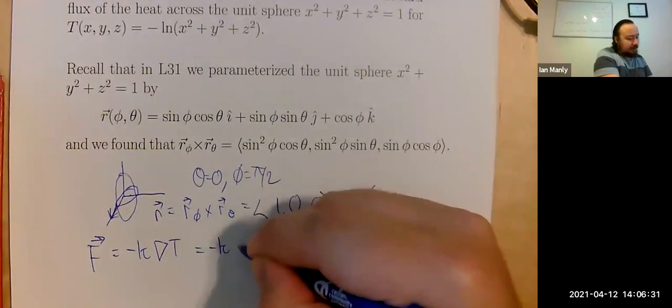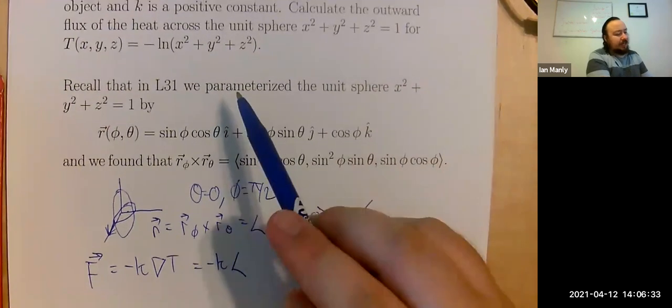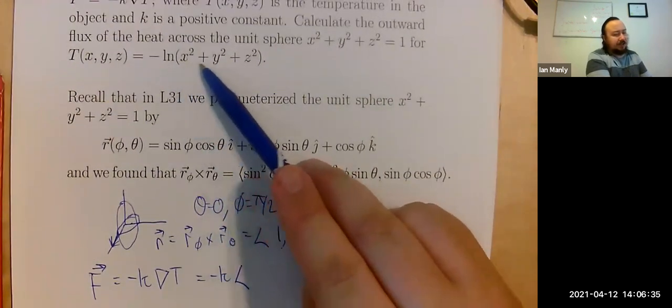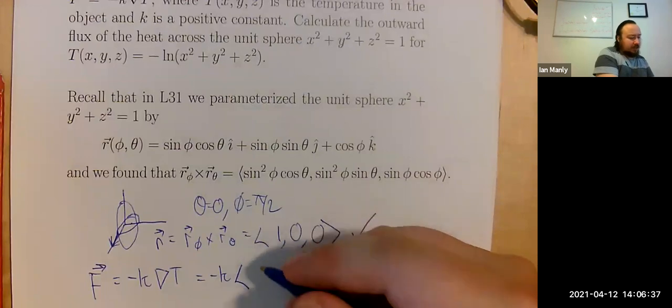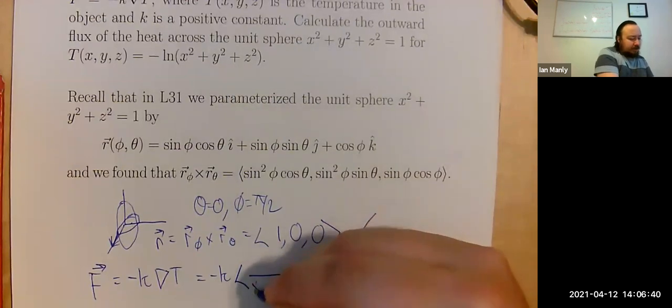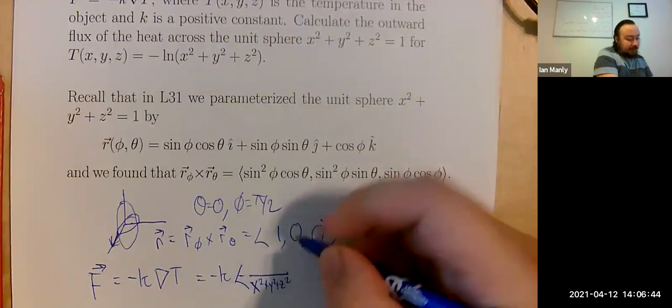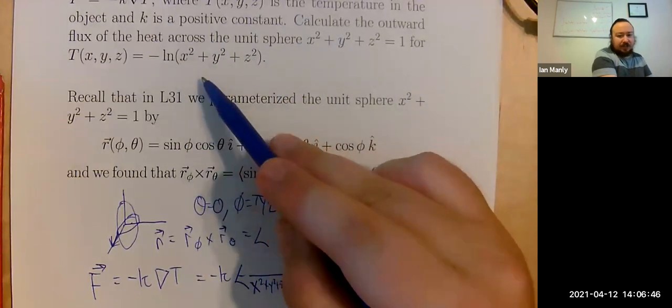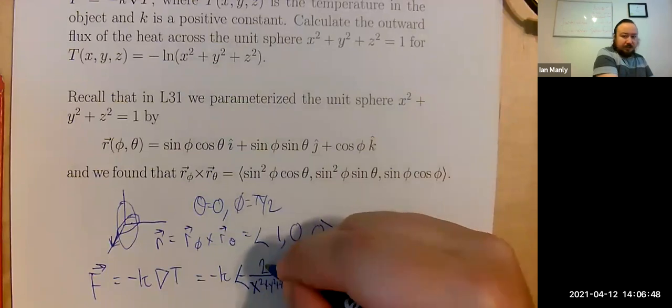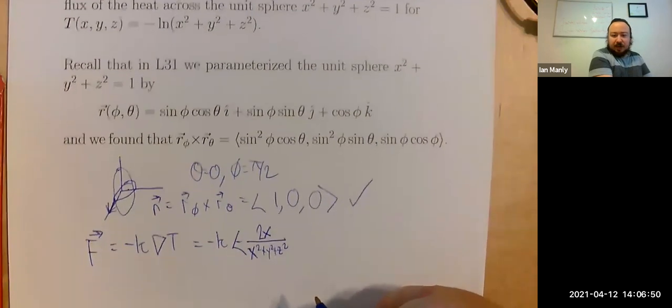If I take the x derivative, I'm going to have negative 1 over x squared plus y squared plus z squared, and then I multiply by the x derivative, which is going to be 2x.